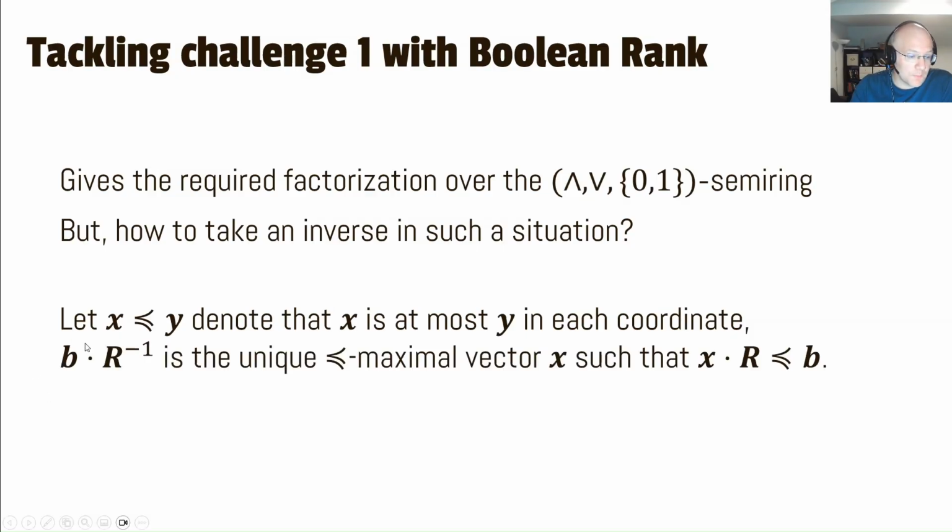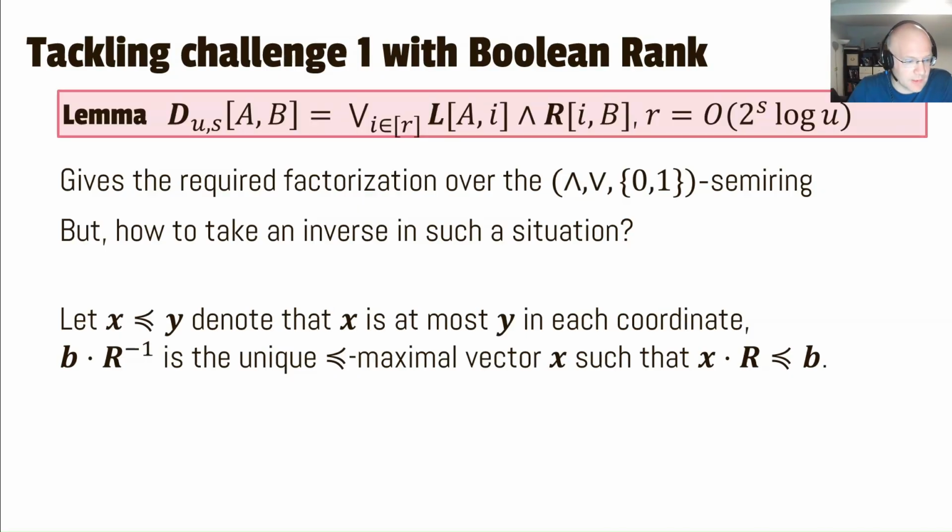And now if you want to compute this inverse, so b times an inverse of a matrix, we can define it as the unique maximal vector, maximal with respect to this ordering, such that x times r is still at most b. So you can think of many vectors with the property that x times the matrix is still at most b, but there's always a unique one that is maximal.